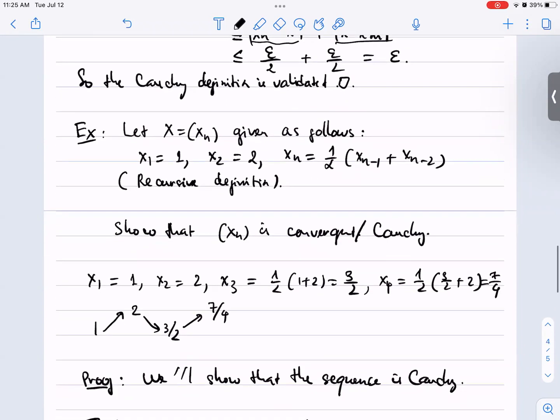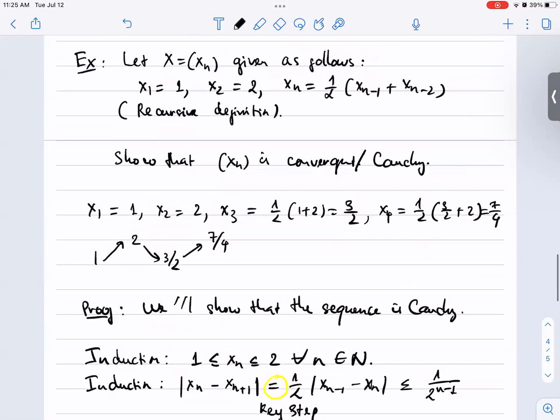Here, I would like to give an example of how the Cauchy criterion is very important. Let X be a sequence given as follows: x_1 equals 1, x_2 equals 2, and x_n is equal to 1/2 of (x_(n-1) plus x_(n-2)).